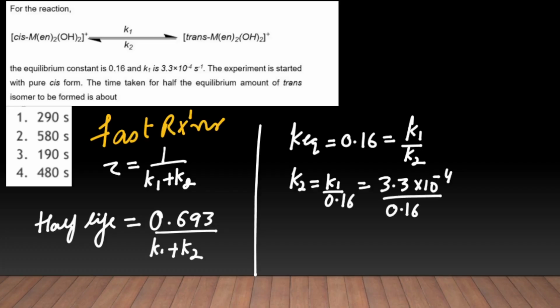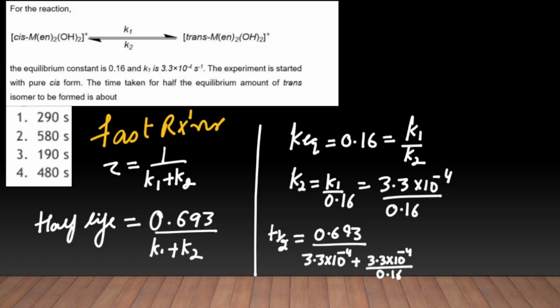The half-life will be 0.693 upon K1, which is 3.3 into 10 to the power of minus 4, plus K2, which is 3.3 into 10 to the power of minus 4 upon 0.16. Just solve this and you will find the value of T half, which is approximately 267 seconds.